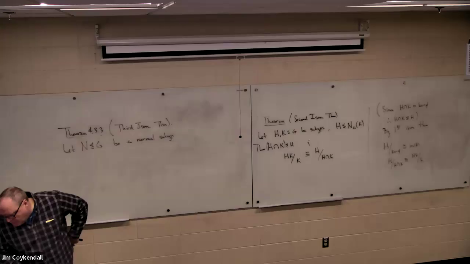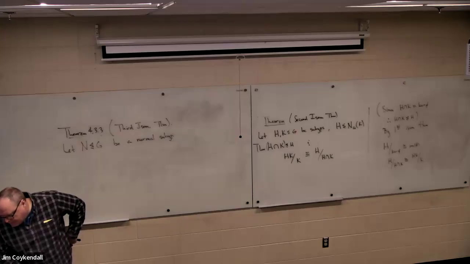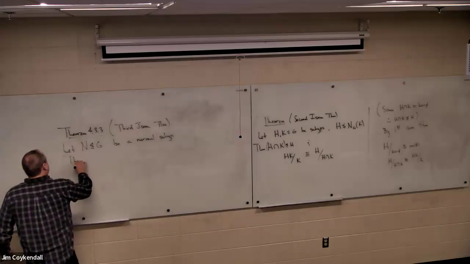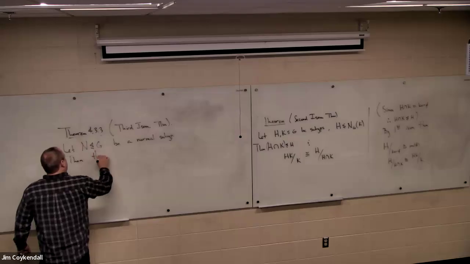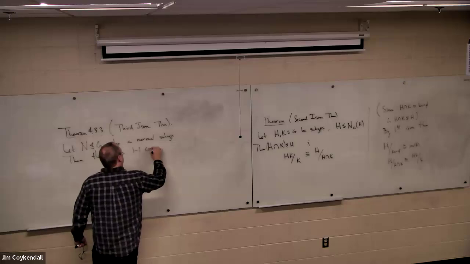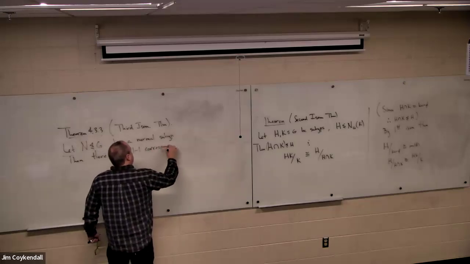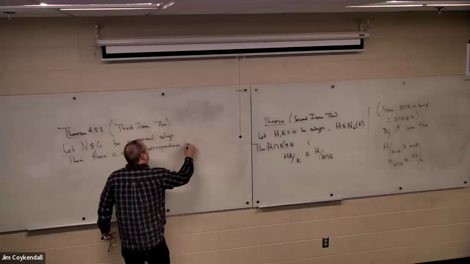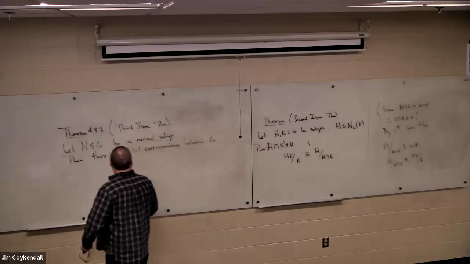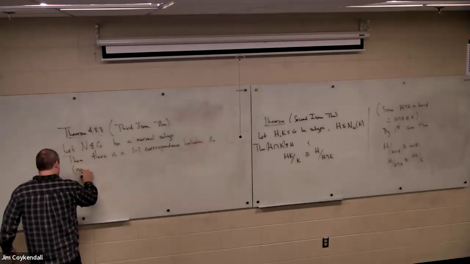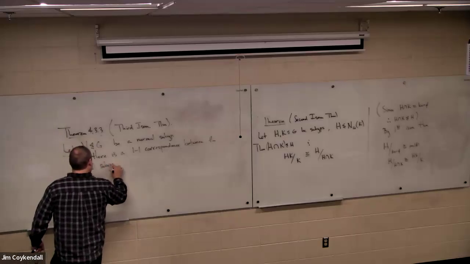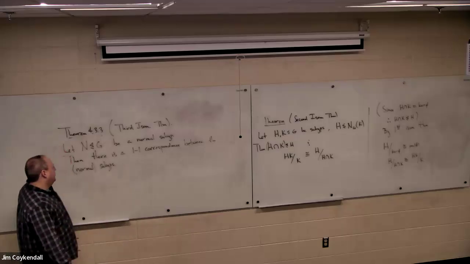There's a one-to-one correspondence between the normal subgroups of G containing N and the normal subgroups of G mod N. Sometimes this is called the correspondence theorem.